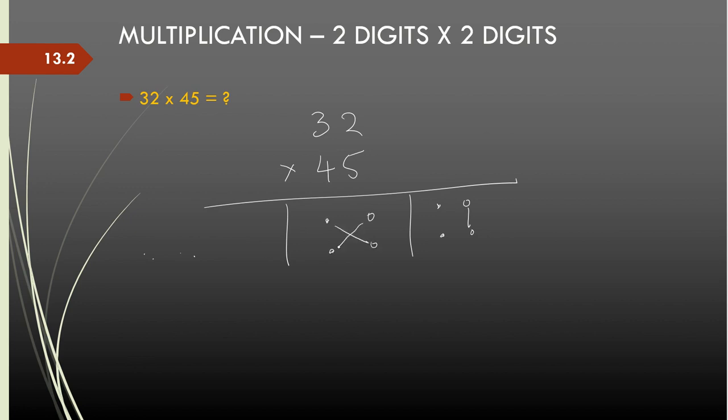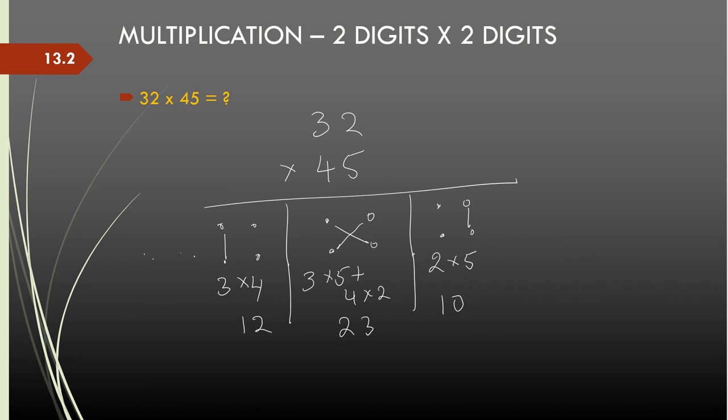The middle part is the sum of the crisscross products, and the leftmost is the product of the leftmost digits. So evaluating the parts, on the right side it is 2 times 5, which is 10. In the middle it is 3 times 5 plus 4 times 2, which is 15 plus 8, 23, and then leftmost is 3 times 4, 12.